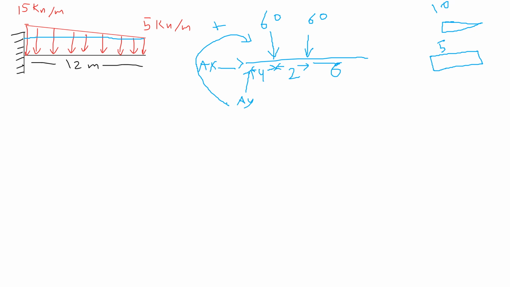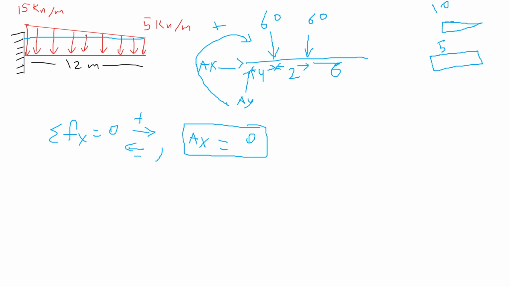Okay, let me start. I'm going to go with the sigma fx equal 0. I'm going to assume this side is positive and this side is negative. So I got the x equal 0 because I have no other reactions or forces in the x-axis.